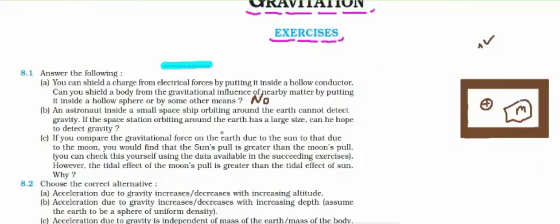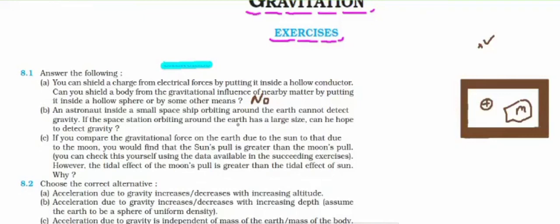The same comparison you can use here also. The space station is freely falling. So the station and the payload do not experience any gravitational force due to Earth. But the astronaut inside the spaceship will experience gravitational force due to the spaceship, because with respect to the spaceship, the astronaut is not freely falling.